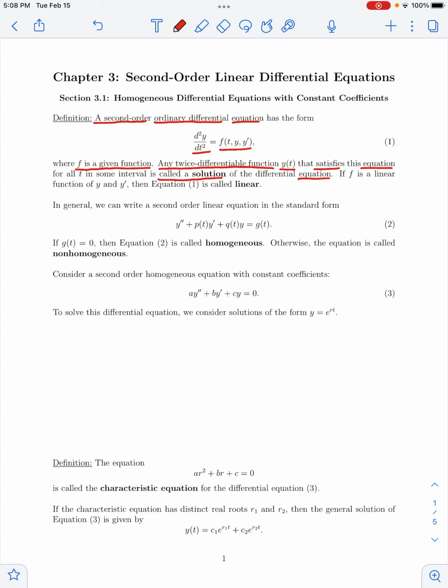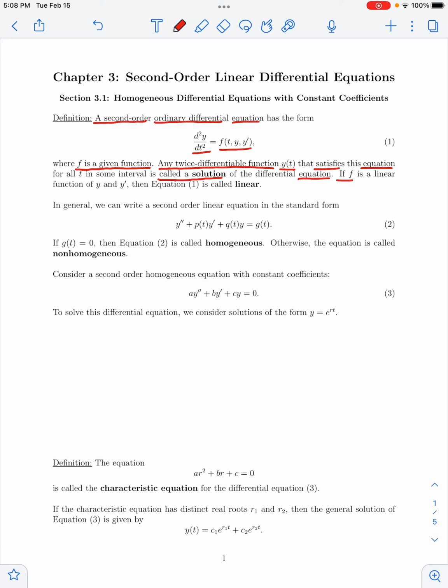And in this chapter, we're going to be working only with linear second-order equations. In general, nonlinear second-order or higher-order equations are very difficult, if not impossible, to solve in most cases. But linear equations have some nice applications and can be solved relatively easily.